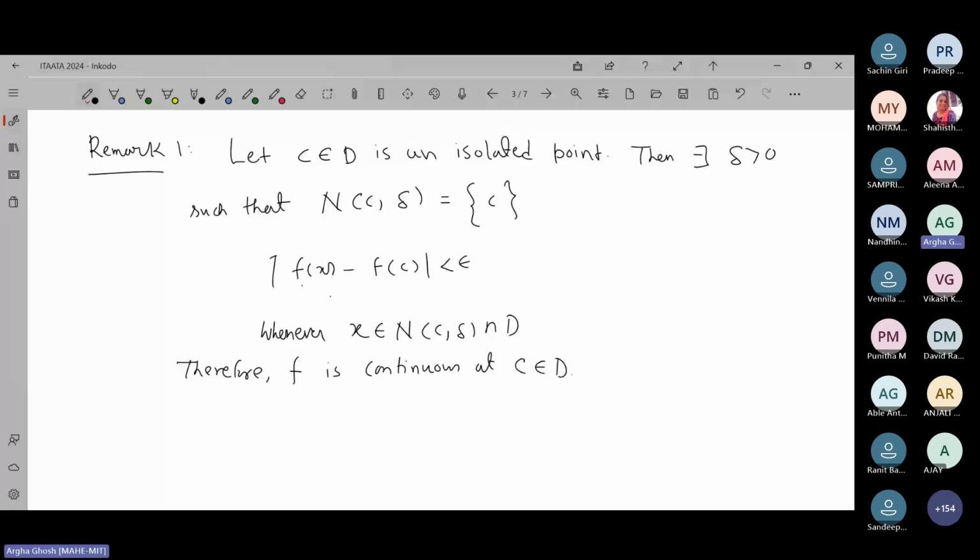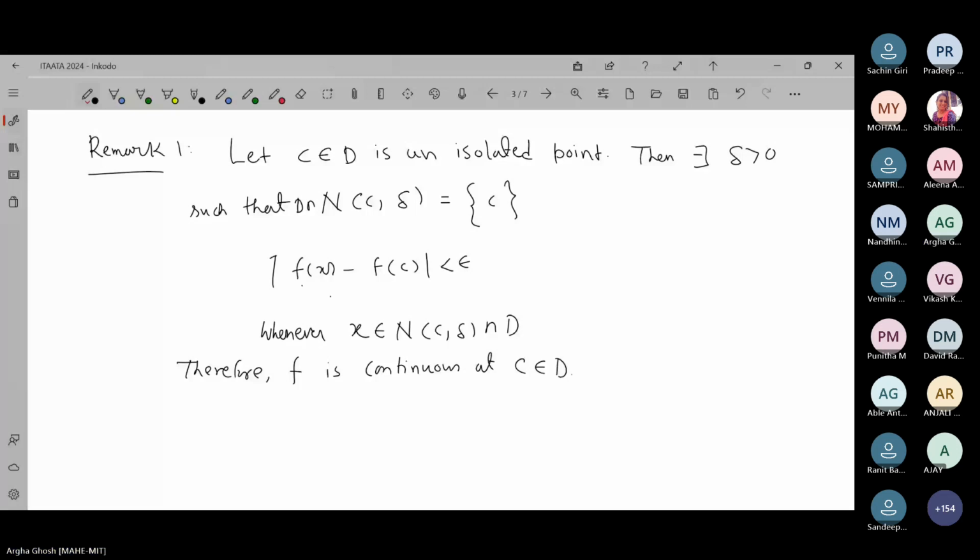Yeah, I should write it that way. Correct, because it's an element of D. Otherwise, take the set of all natural numbers.